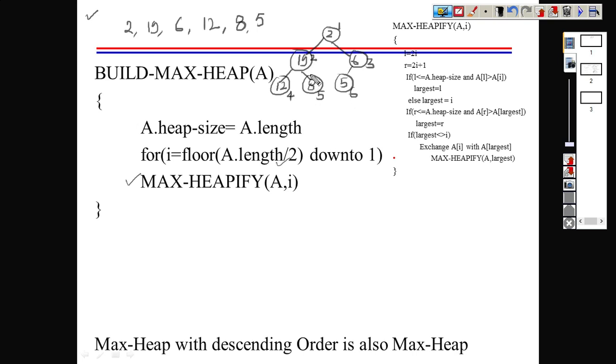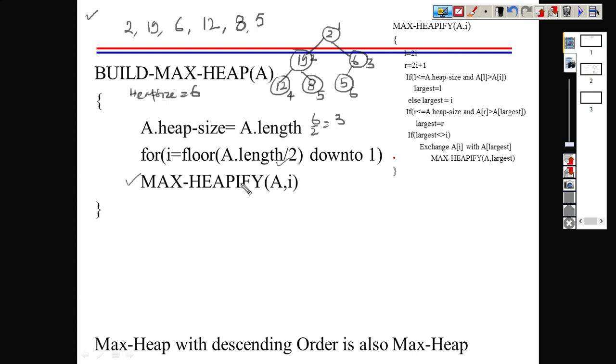So we have 6 elements here, so you can say the heap size is 6, which denotes the length of your heap. Now what is the value of A.length by 2? You will find A.length by 2 is 6 by 2, that is 3.